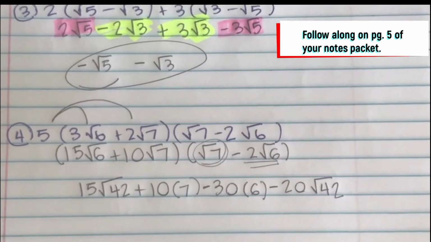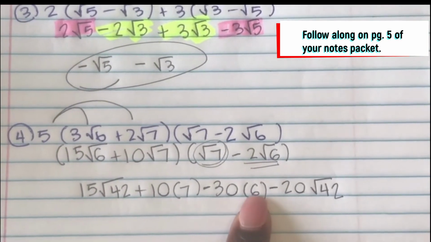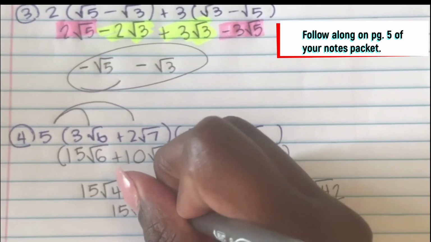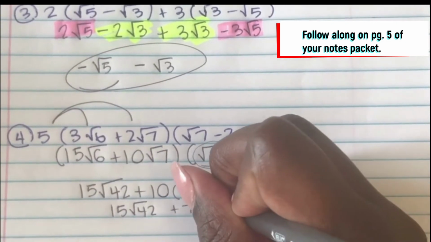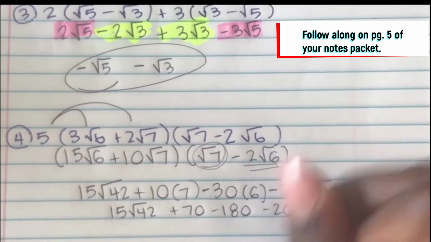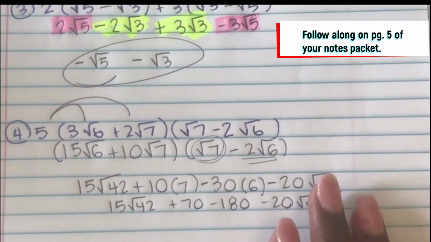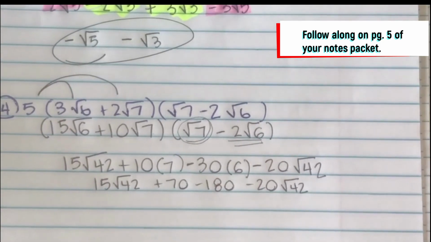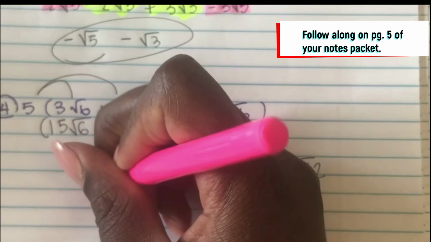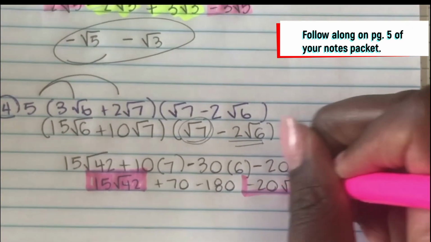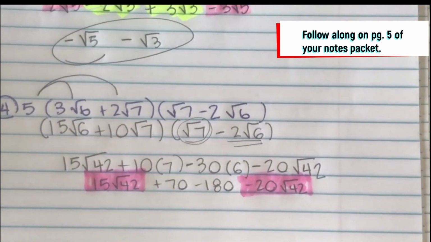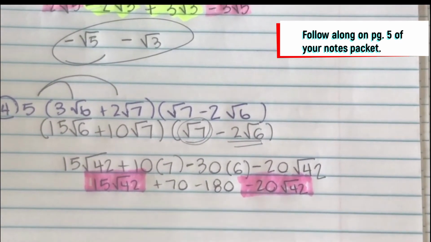So now I'm going to simplify some things because I see 10 times 7 and 30 times 6 going on. And lastly, let's combine like terms. So these guys with the square root 42s are like terms. And then our constants, 70 and negative 180, those are like terms as well.